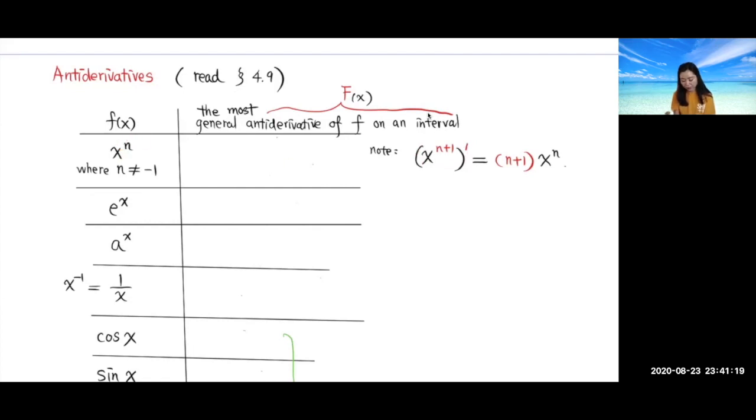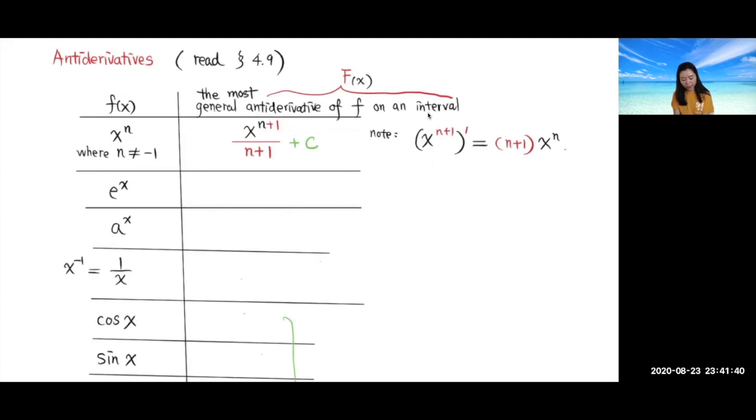Now, however, when you differentiate x to the n plus 1, you will have this n plus 1 in front. This one doesn't have n plus 1 in front, so to cancel it, we need to divide by n plus 1. So the most general antiderivative of x to the n is x to the n plus 1 divided by n plus 1.